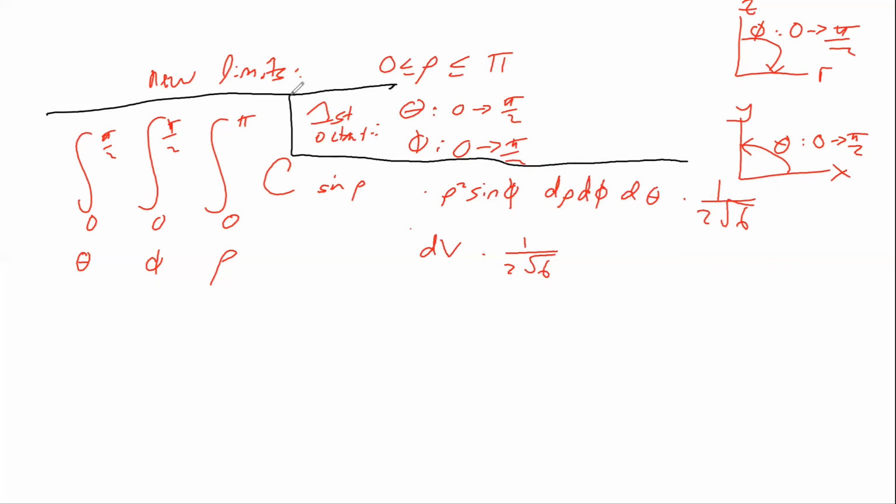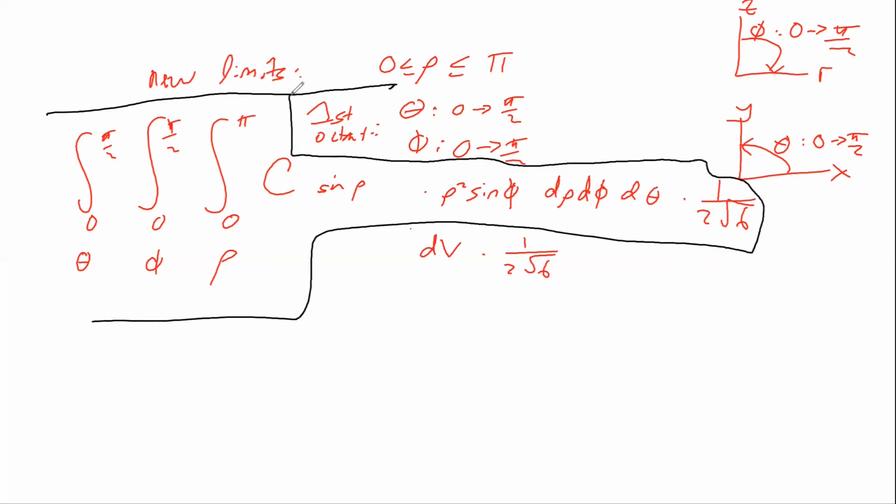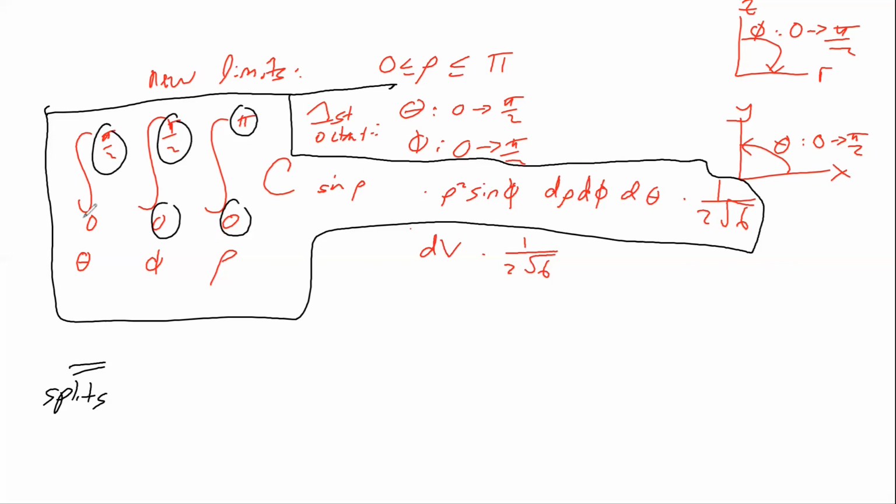And so, yeah, this looks a little messy, but actually this is a pretty easy integral to evaluate because, of course, it splits. And just to refresh your memory, the reason it splits is because the integration limits are constant. So it's a rectangle in spherical coordinates. And so you can split integrals of this form, f of x g of y.